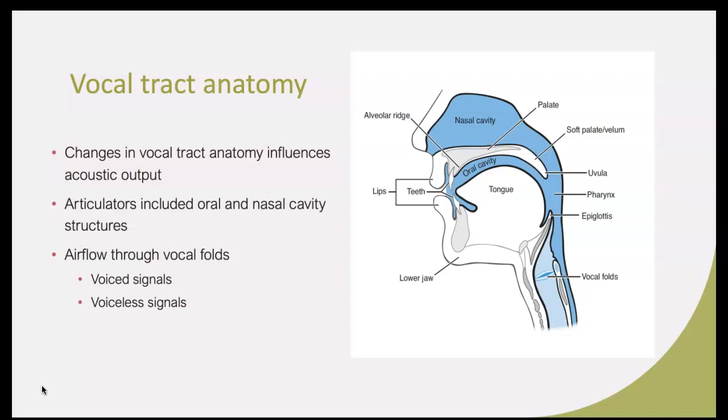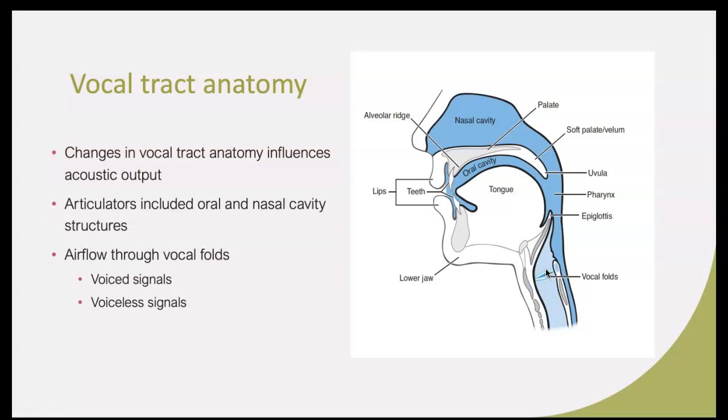So let's go over the vocal tract anatomy, talk a little bit about some of the different structures, how those structures affect the output of the vocal mechanism. So here you can see all the structures, and of course sound starts here from the lungs through the vocal folds.